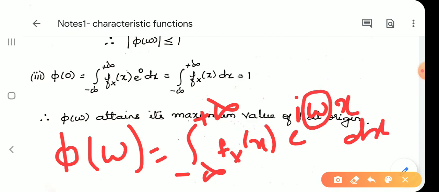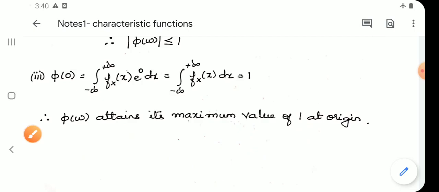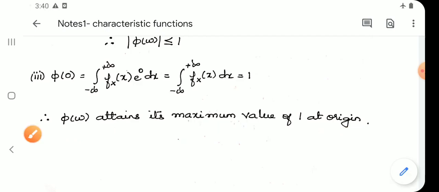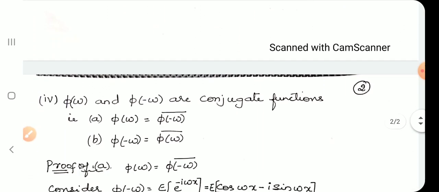So when we put omega to be 0, it becomes the integral of f_X of x e to the power 0 dx, and e to the power 0 becomes 1. So again we get the integral from minus infinity to plus infinity of f_X of x dx, which is equal to 1. So finally we can say phi of omega attains its maximum value of 1 at the origin.